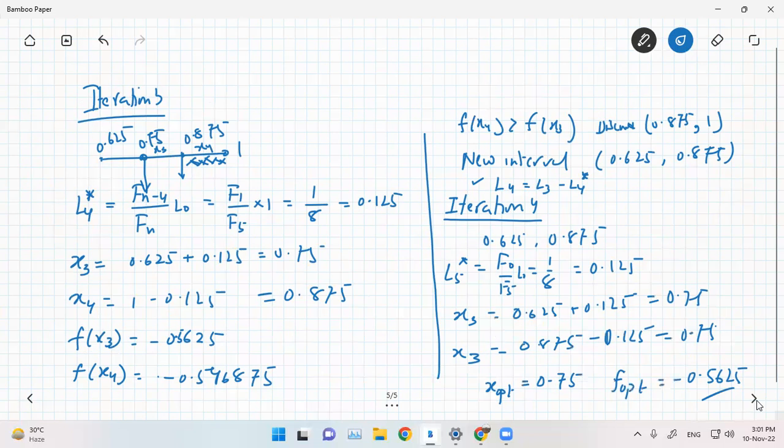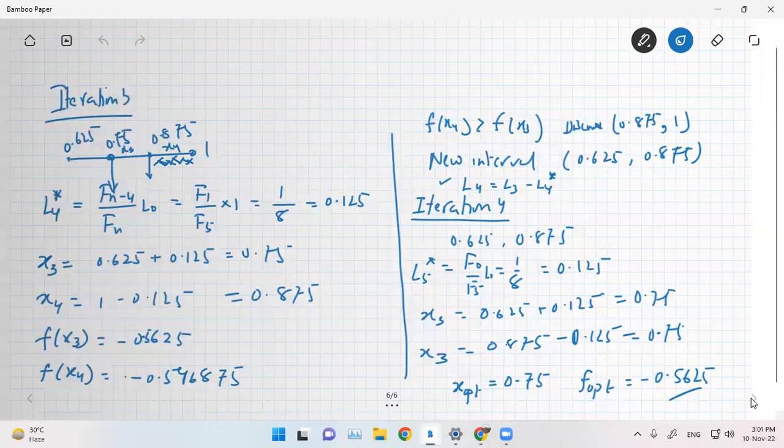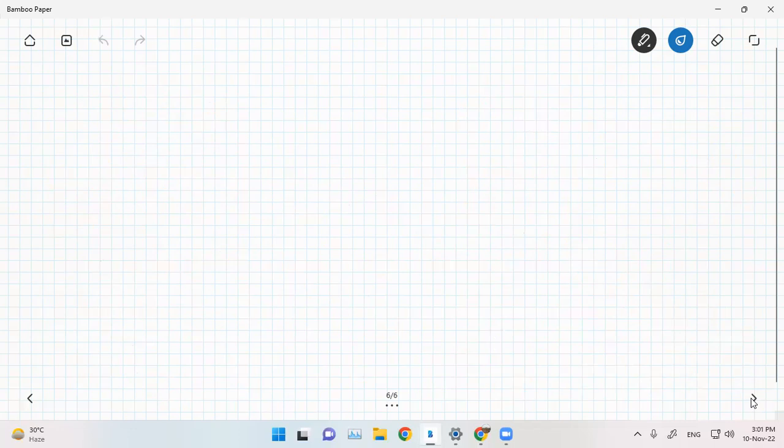I will advise you to go through a few more examples related to this one to understand the procedure carefully. One thing we haven't seen in this case, but probably in more complicated problems, is that the new point may not always be what has been said so far, that it will be a plus Lj star and b minus Lj star.